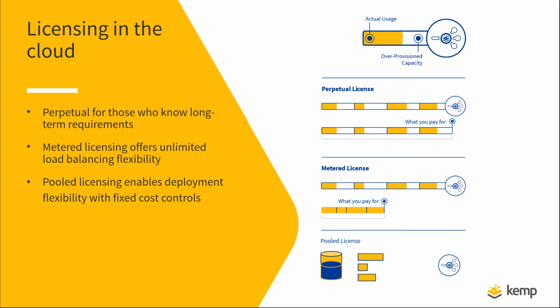Metered licensing is exactly what it says. It's like having a meter, like the electric meter on my house. I now have a technology meter on the technology that I'm using.